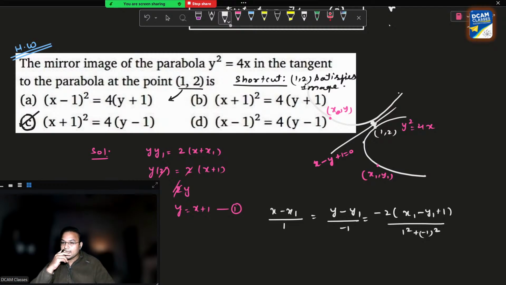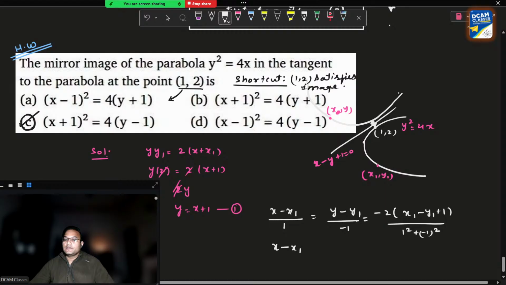So x minus x1 is equal to minus 2 by 2 into (x1 minus y1 plus 1).